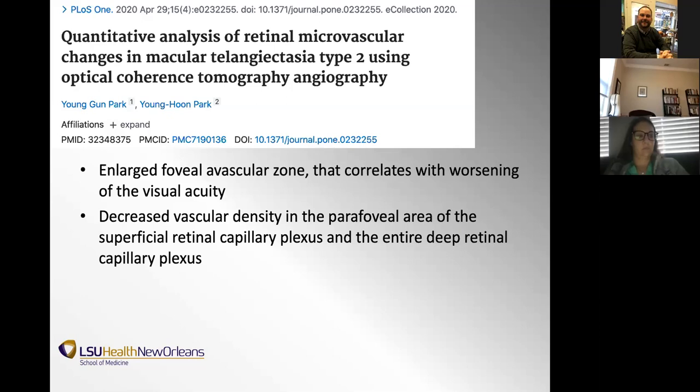And overall, what has been shown is that the deep retinal capillary plexus tends to be more involved, and the loss of vascular density tends to be more exaggerated in the deep retinal capillary plexus compared to the superficial retinal capillary plexus.